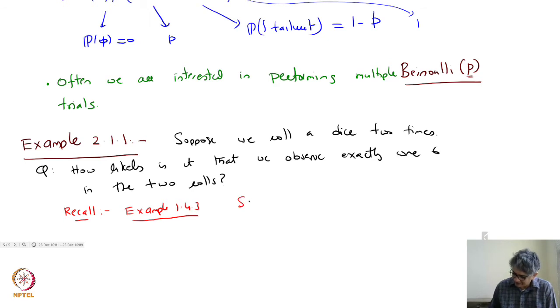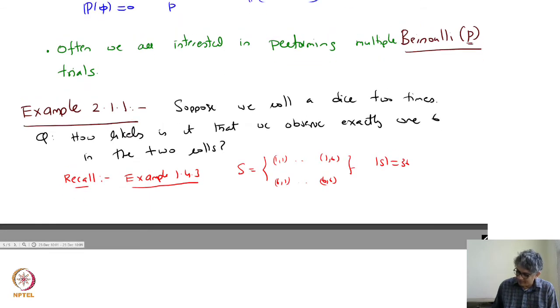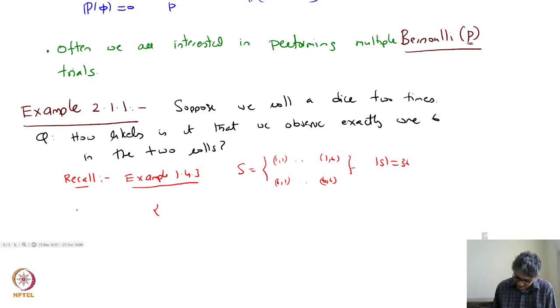I wrote down S, as my 36 outcomes are there, right? 1 1 all the way to 1 6, and then 6 1 all the way to 6 6. Mod S is equal to 36. I'd model this like an equally likely outcome experiment, and I describe my event of interest as observing only one 6. So I say the event of interest is given by only one 6.